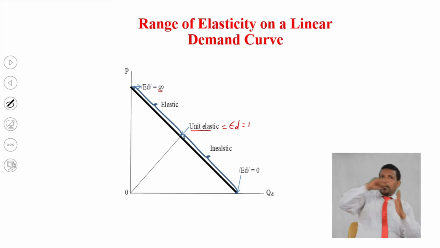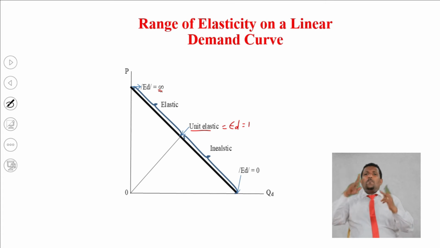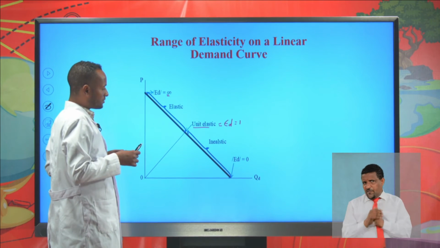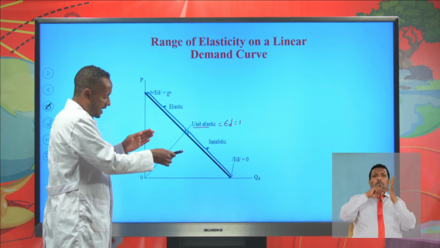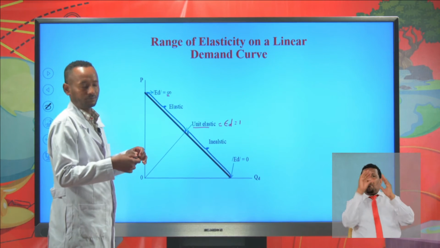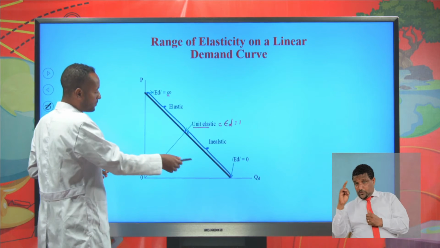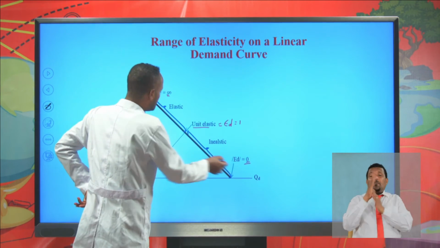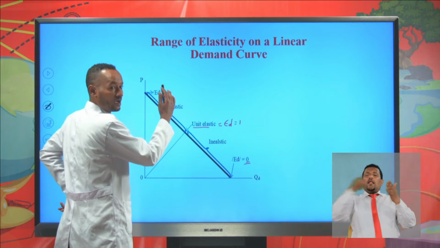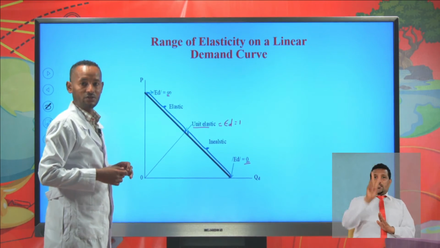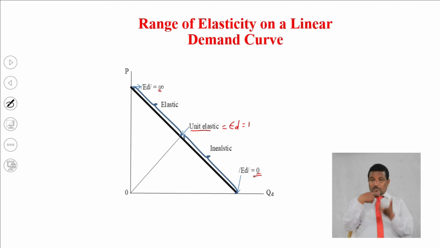This demand curve is called the perfectly elastic demand curve. As one moves from the midpoint towards the x-axis, elasticity tends to be lesser and lesser. Finally, at this point, the price elasticity of demand will be 0, and this linear demand curve becomes a vertical straight line demand curve with a price elasticity of demand value of 0.